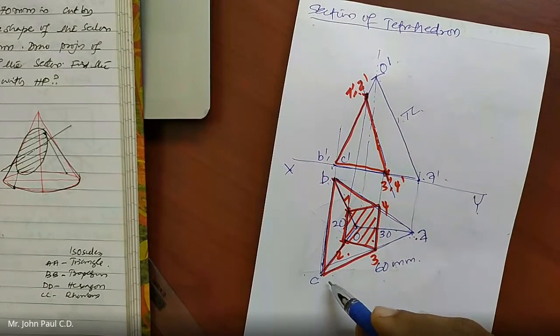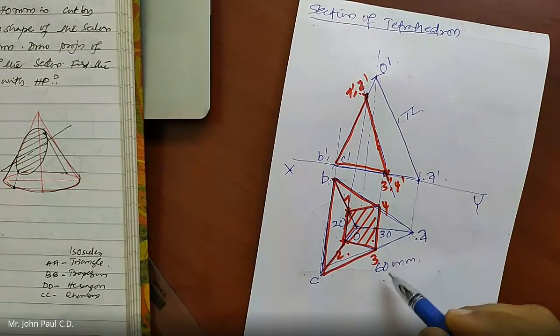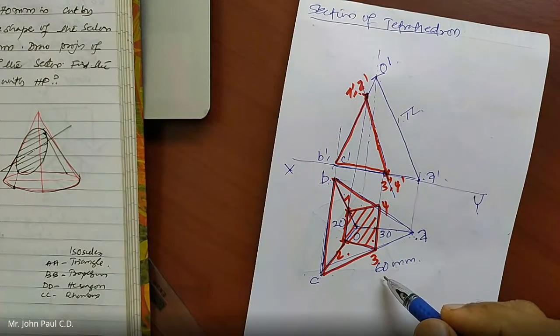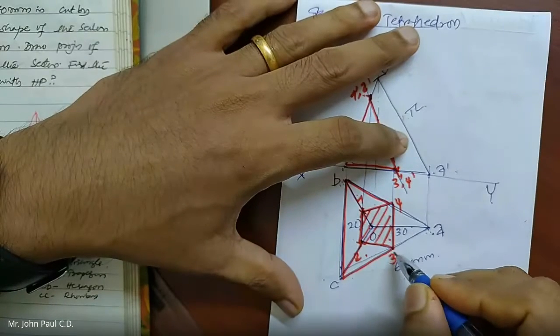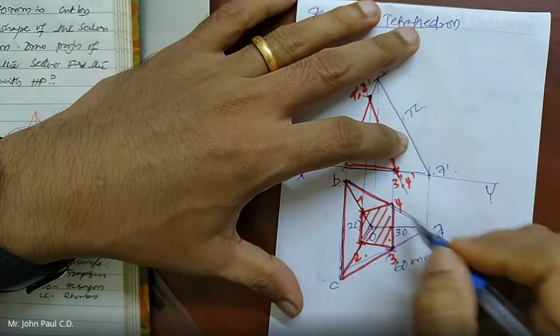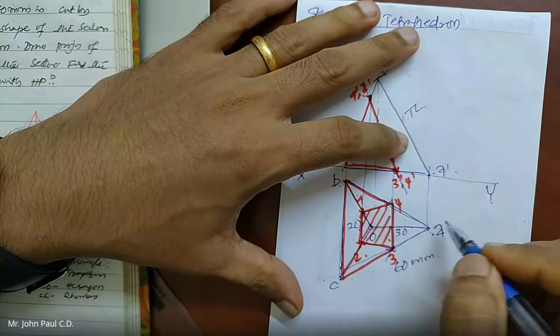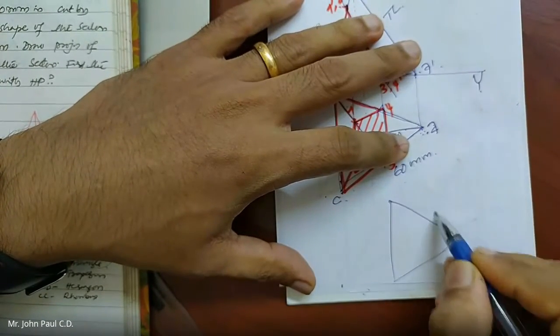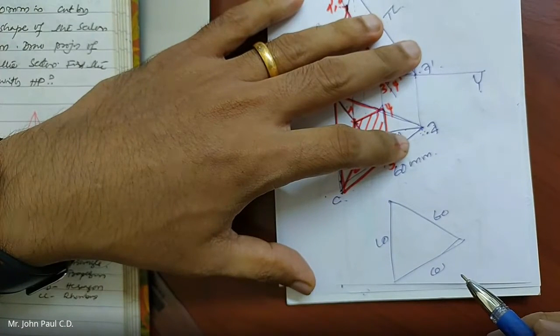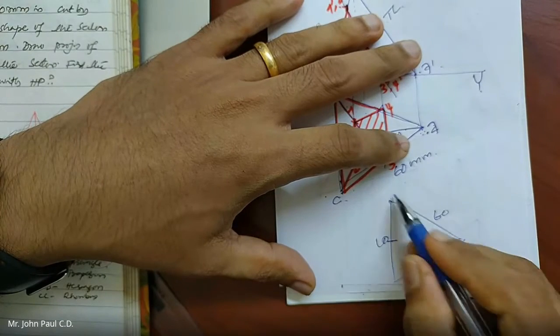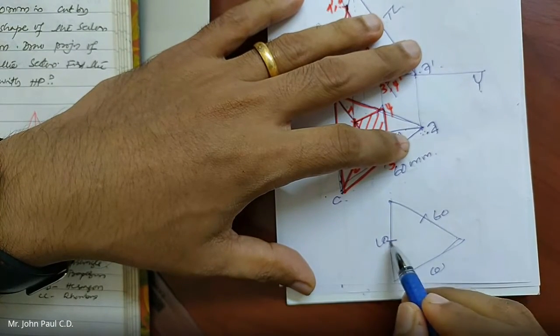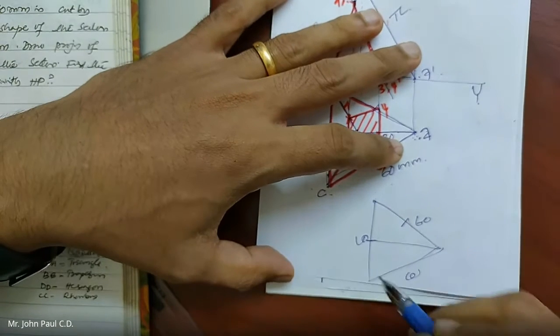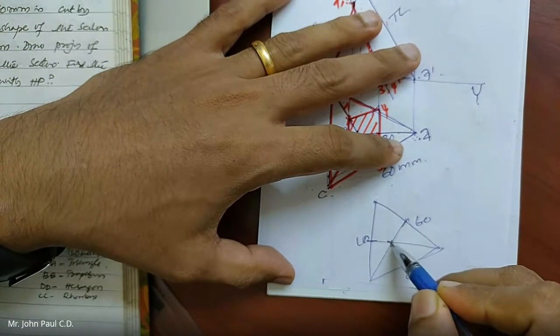If the dimension is given, like the base edge is 60 mm, you just take 30 and mark a point, here also mark a point at 30, the midpoint of these edges. See, we have a triangle. This is 60, this is 60, this is 60. Half of 60 is 30, half of this 60 is 30. Draw from the opposite corner to there. You will get the center. Okay, sir. Got it, sir.